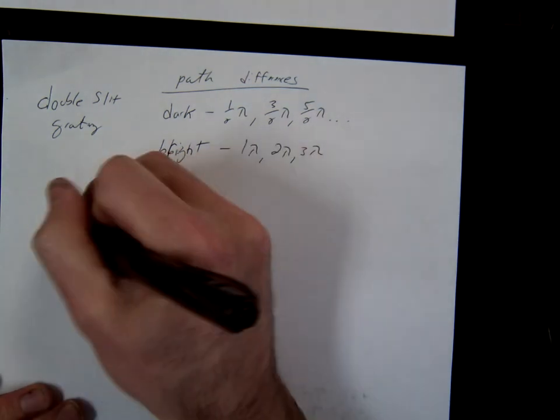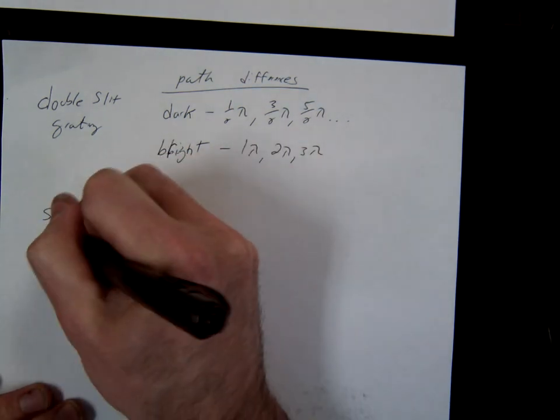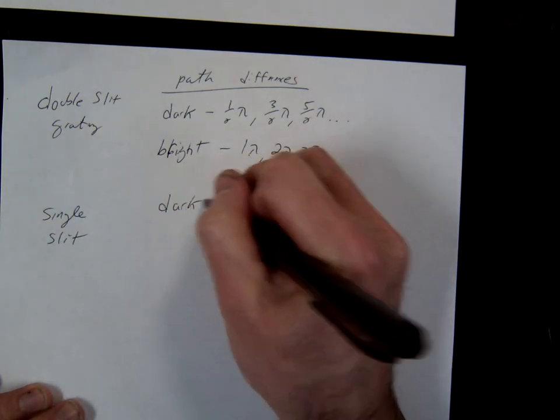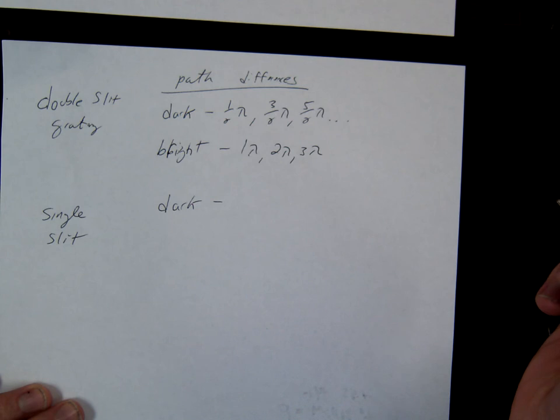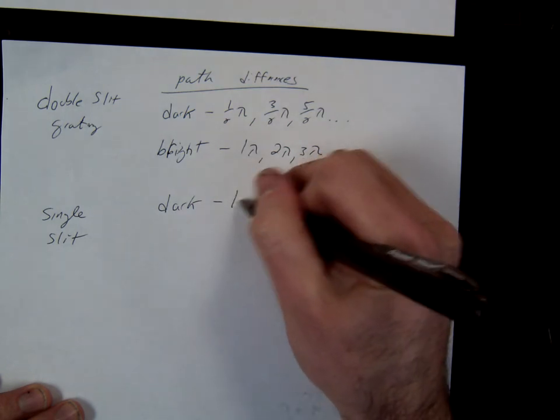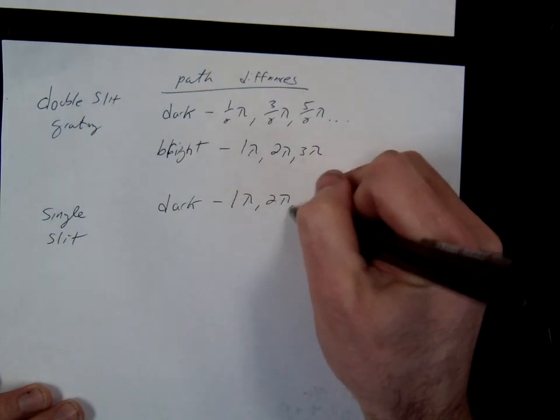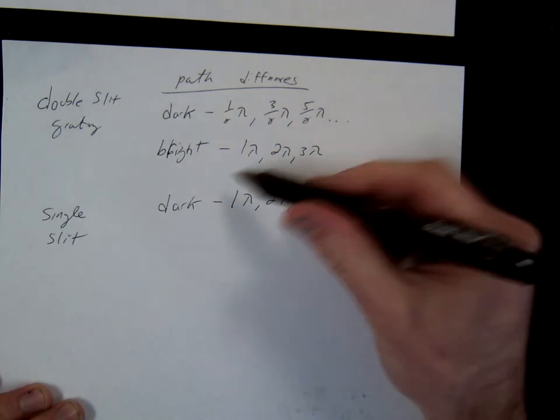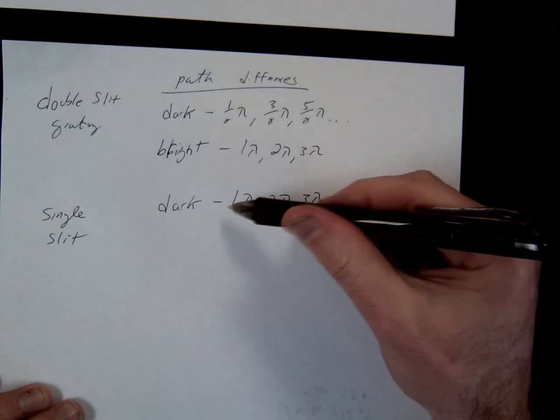What about for the single slit? Where does the first dark spot occur? 1 wavelength, 2 wavelengths, 3 wavelengths. Notice that's the opposite, right? First bright spot occurs at 1. First dark spot for a single slit occurs at 1.